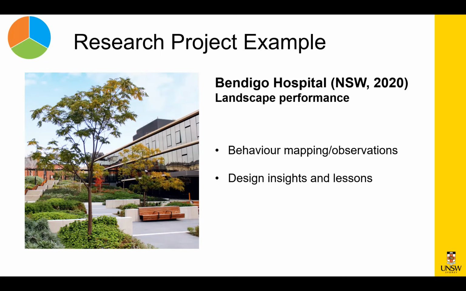So part of the exercise with this project, and something which would be really good to apply in Randwick, would be a behaviour mapping and observation study to see just how people, whether it's staff, patients, or the local community, or all of the above, are using the outdoor spaces around the healthcare buildings and getting the insights from that.